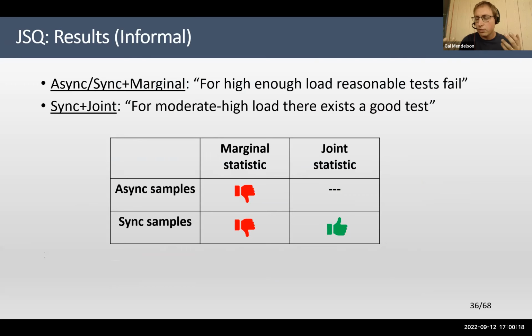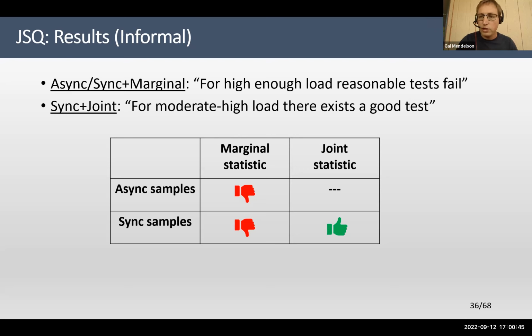For example, if you just look at the average of Q1 versus the average of Q2 versus the average of Q3, etc., it doesn't matter how you sample, synchronized or asynchronized, reasonable tests will fail. We will define what reasonable means in a minute, but that's the general picture. And as I said, for sync plus joint, there exists a good test, which will be the topic of the end of this talk, which is decision data.